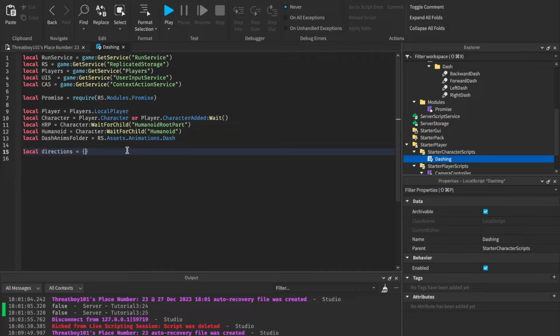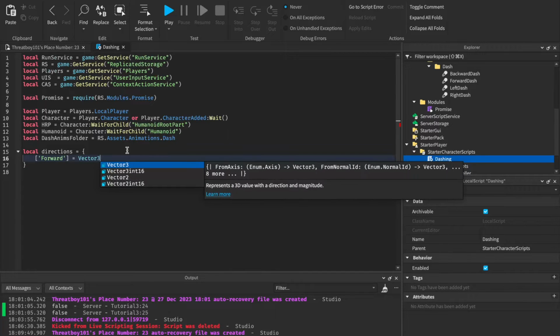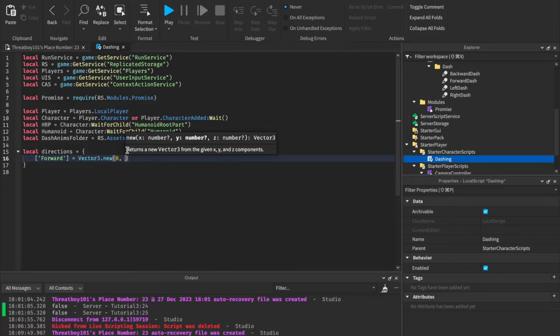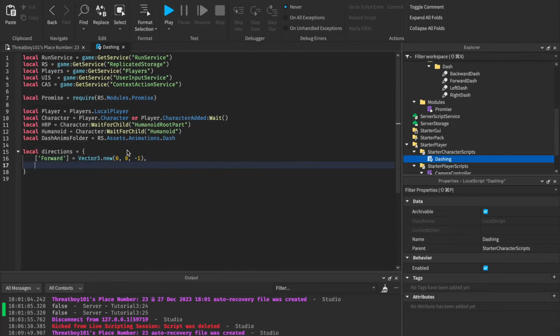So I'm going to create a table called directions, which will be a mapping between these animation name prefixes and directions.